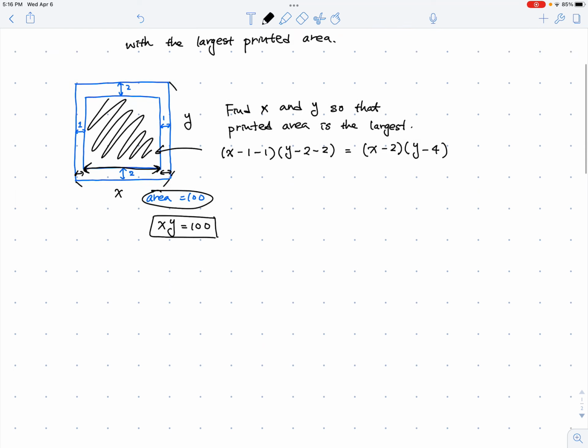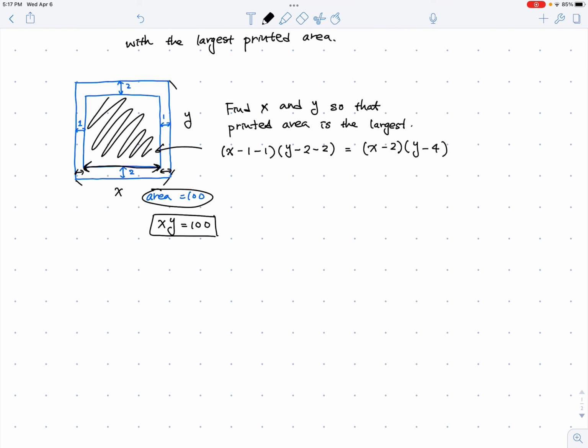All right, so this is very similar to what we had in the previous examples. So from here you can say I'm going to write y being 100 over x. Okay, so now let f of x be x minus 2 times y minus 4, but I'm going to write y in terms of x, so that's 100 over x minus 4.